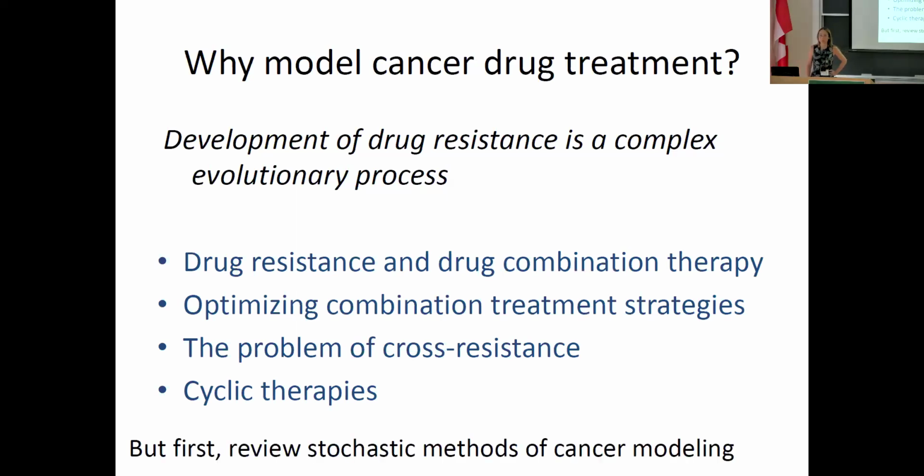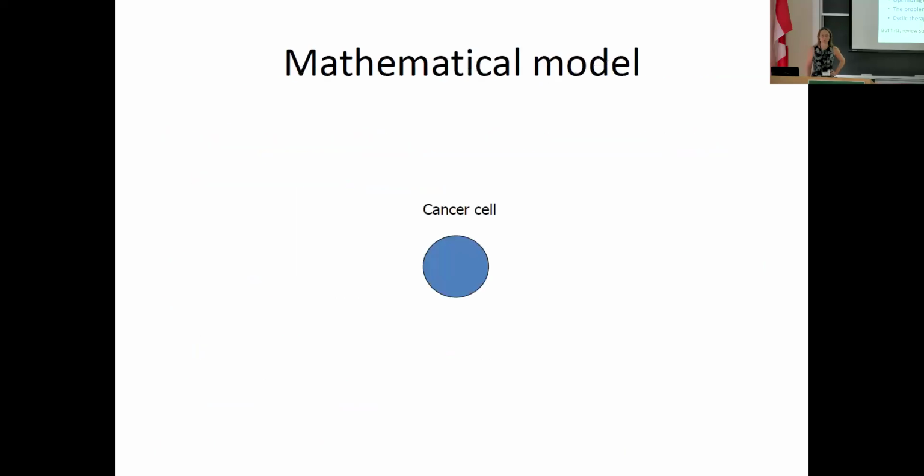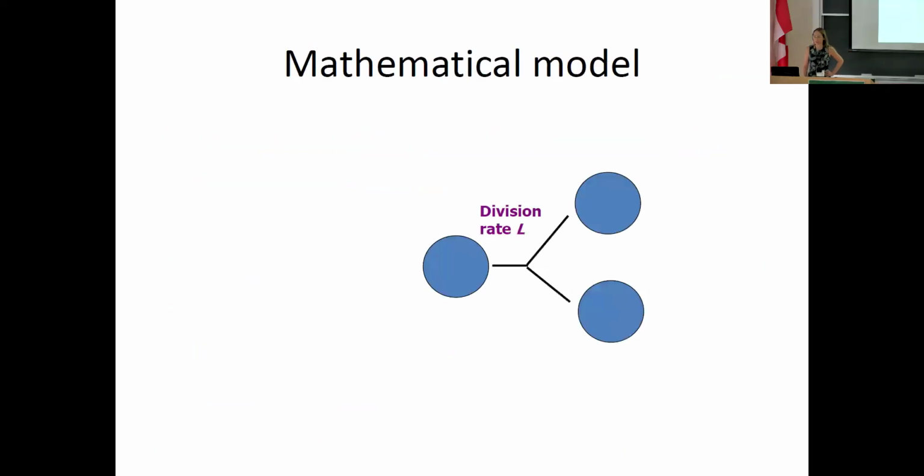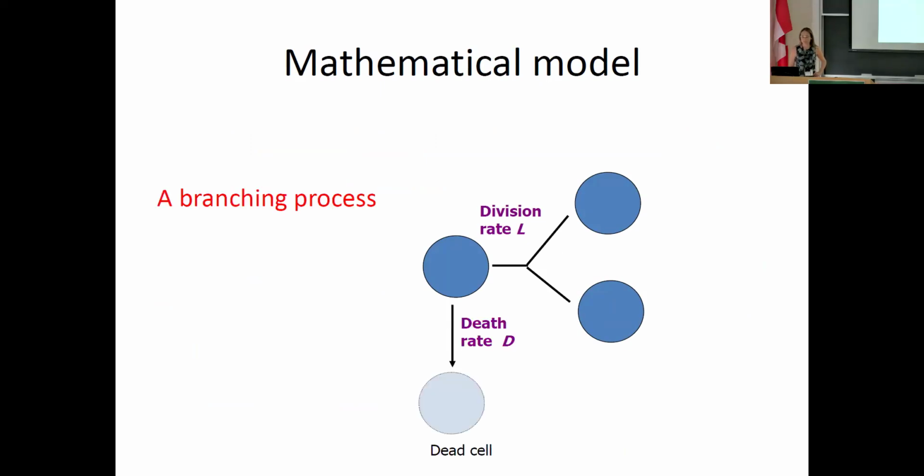But first, let me show you how we do this. Let's suppose that we have a cancer cell. What can it do? In this model, we assume that it can divide with a rate L, and it can die with a rate D. This is what they call a branching process in mathematics.